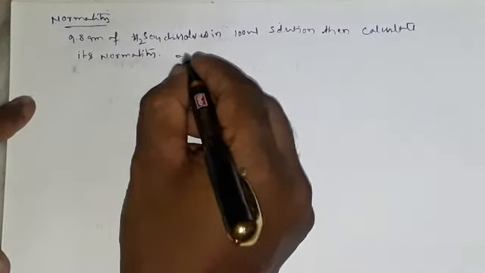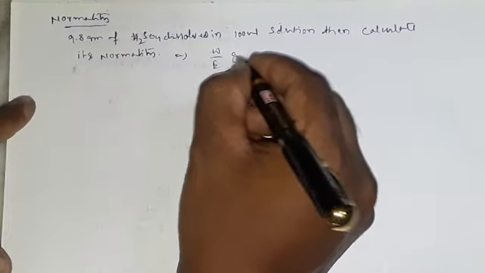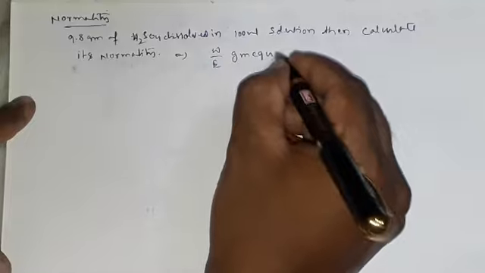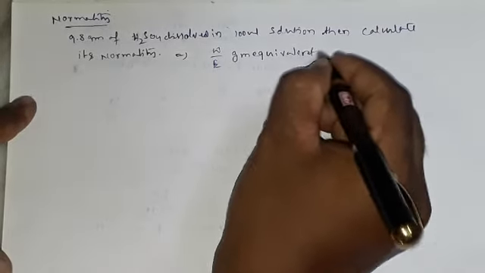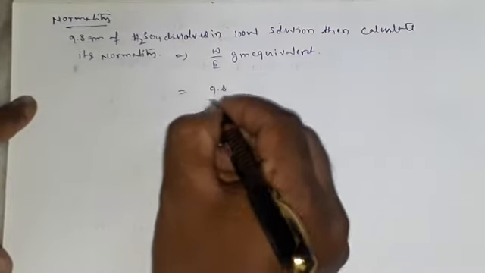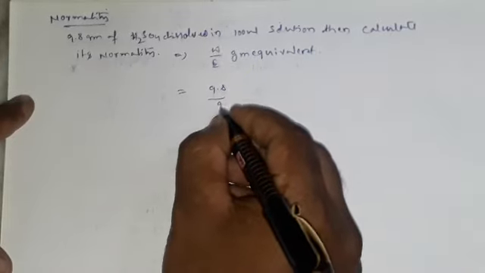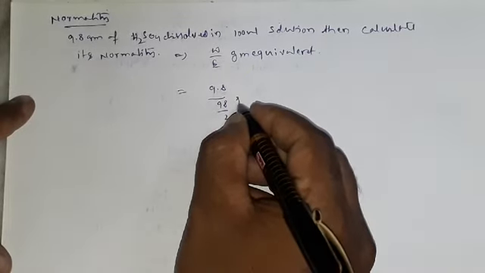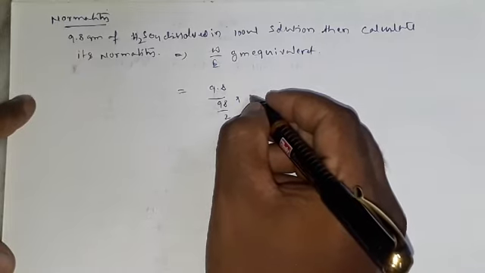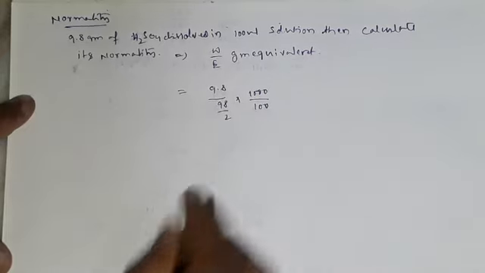That implies weight by equivalent weight, known as gram equivalent, is equal to 9.8 by equivalent weight. What comes here? 98 by 2 into 1000 by 100.